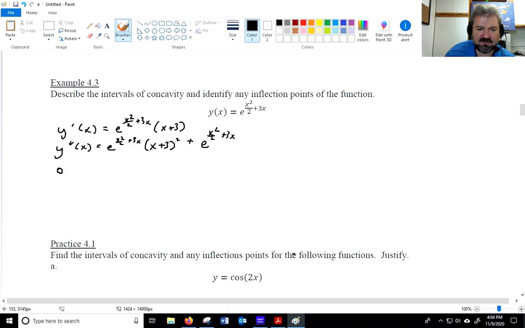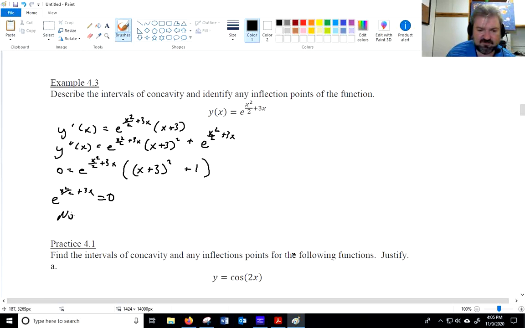So I can set this equal to 0 to find the inflection points, and I'll factor out an e to the x squared over 2 plus 3x, which will give me x plus 3 squared plus 1. Now we can set each one of these equal to 0. This becomes e to the x squared over 2 plus 3x equals 0.